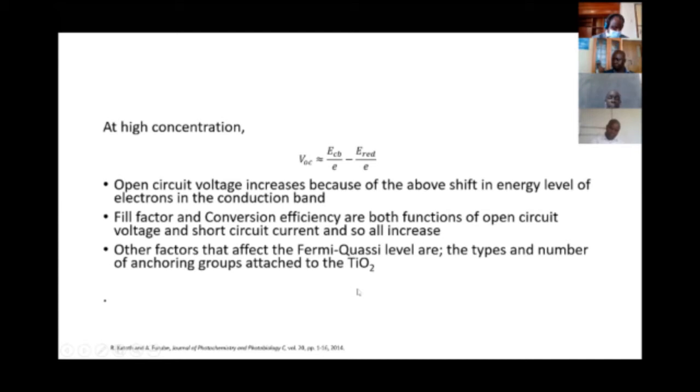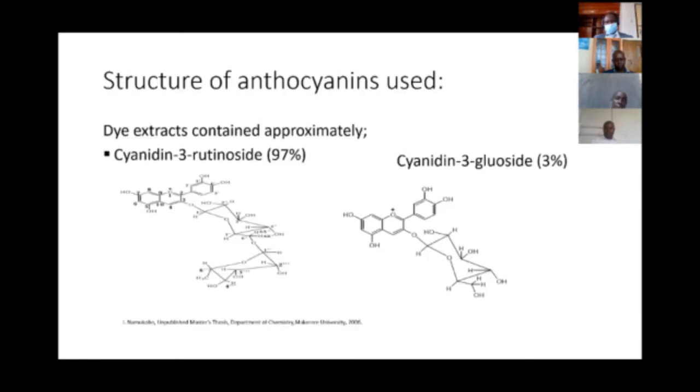However, there are other factors which also affect the quasi-Fermi level. These are the types and the number of anchoring groups that attach themselves to the surface of TiO2. Here I considered the structure of the anthocyanins which were used.